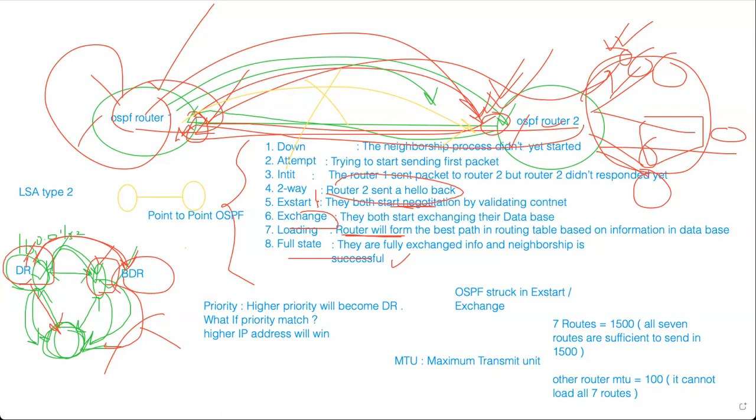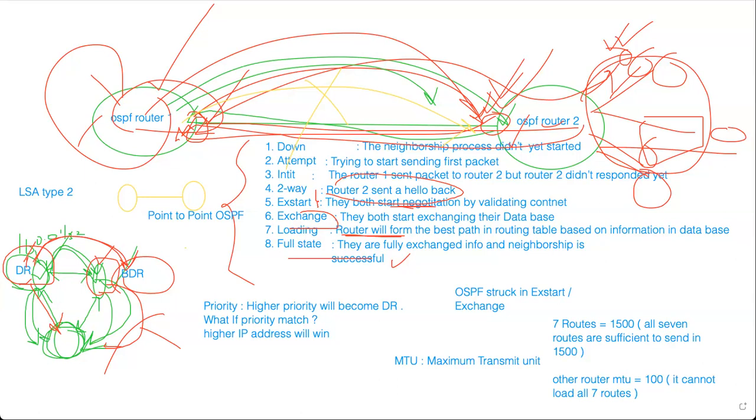In a two-way state, it is elected by the value of priority, the higher value of priority. Priority wins. What if the priorities match? They check the IP address, and the higher IP address wins.